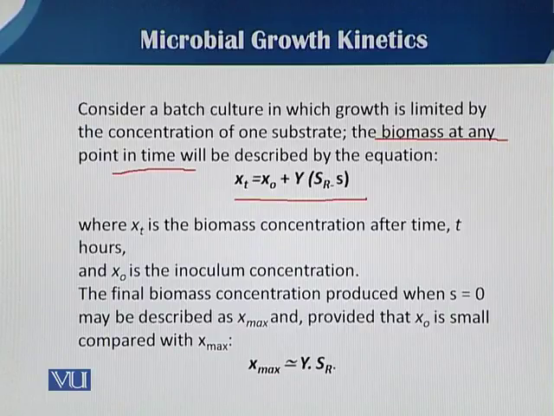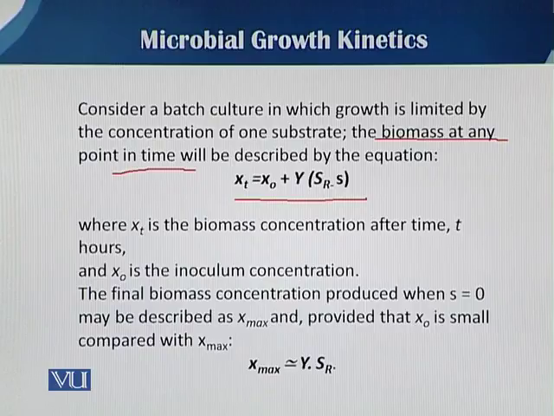X naught is the amount of the biomass which we add in terms of inoculum, that is, the biomass at time naught. And Y is the yield from the fermentation, either the yield in terms of biomass or in terms of product.